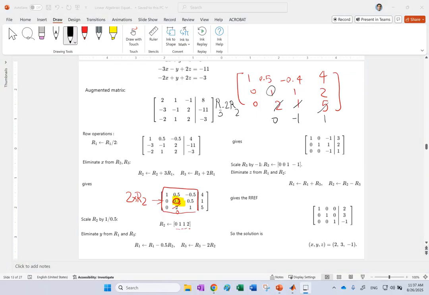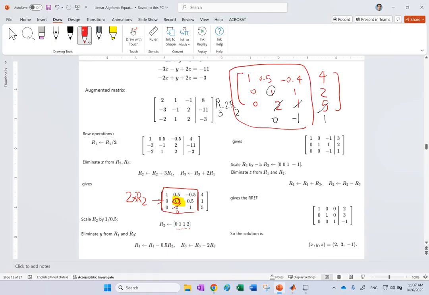Now if you look at the A portion, which is this part here, you see that now you have this upper triangular part, and this one is 1, this one is 1, this guy is negative 1. So before you do anything, you have to turn this negative 1 into a positive 1.